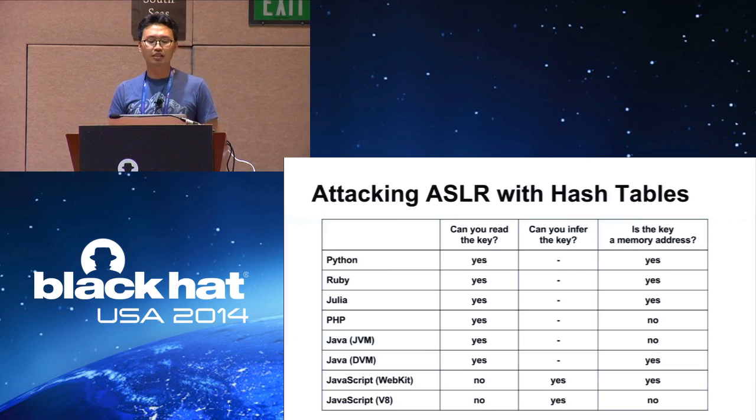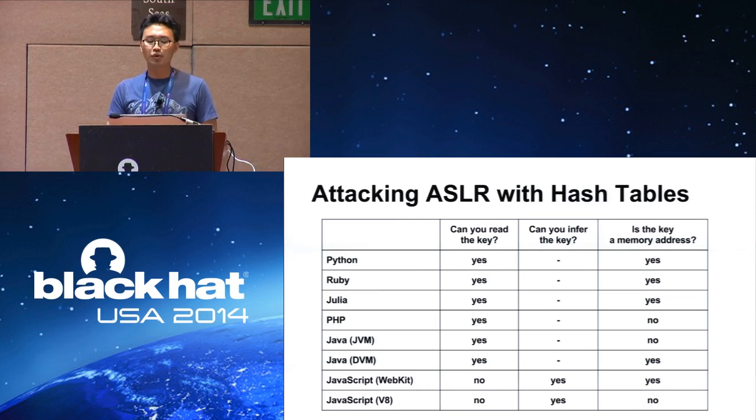And in DVM's case, can you read the key? Yes, and it is also the address in DVM's case. In the JavaScript case, you cannot really read the key of the hash, so we need some way to infer the key.